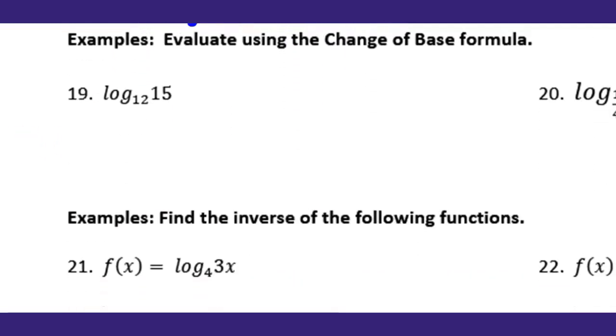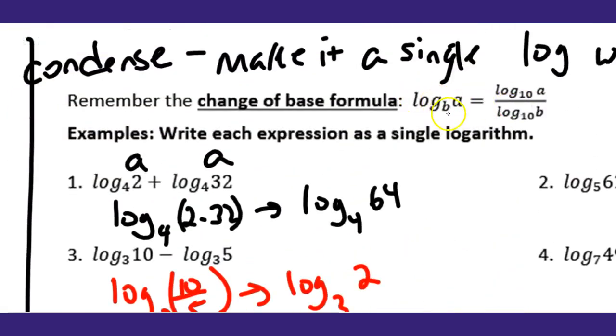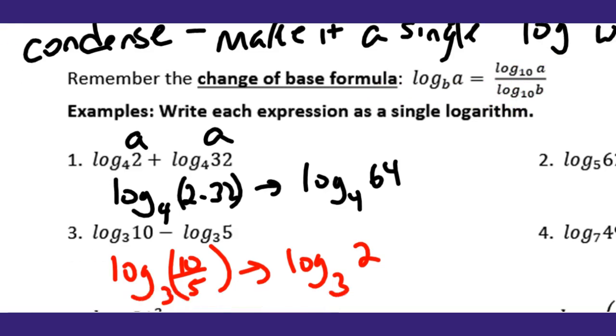All right, 19. Evaluate using the change of base formula. Well, this one, guys, is exactly what we did in Unit 11. The change of base formula is right here at the top of your page. Log base b of a equals log base 10 of a divided by log base 10 of b, and that's just log in your calculator.